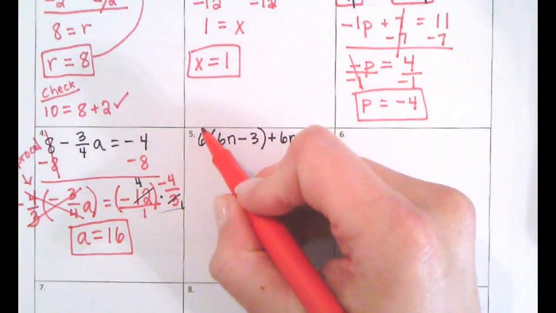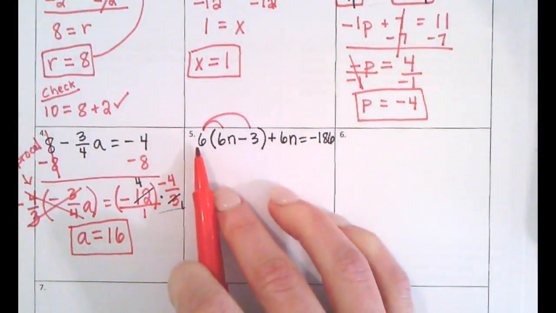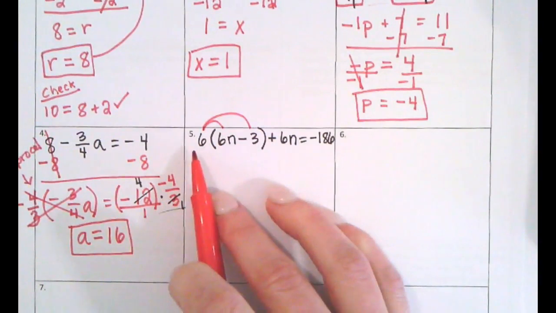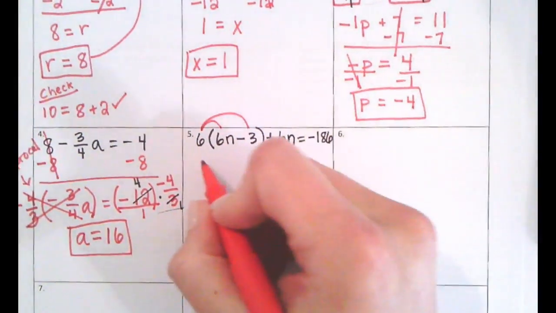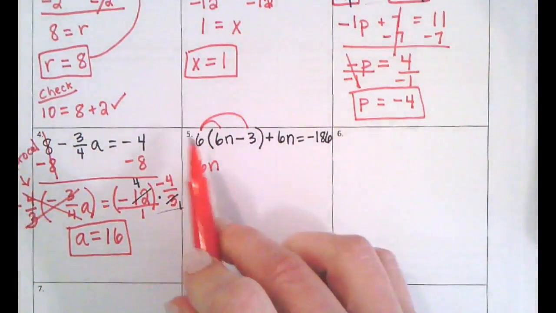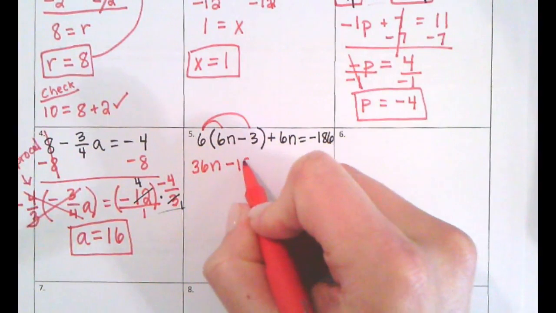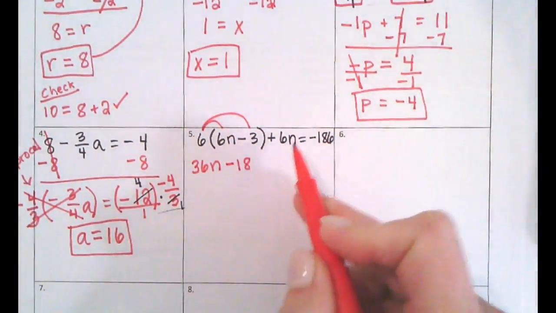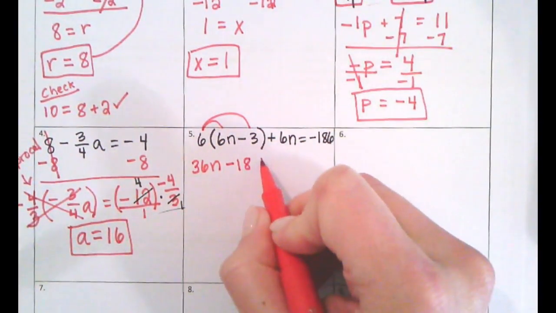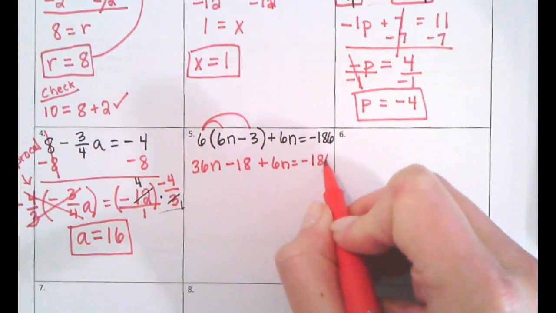We call this distribution. I'm going to distribute the 6 to the 6n, and I have 6 times 6n, which is 36n, and 6 times negative 3, which is negative 18. The rest of the problem I'm going to write down as plus 6n equals negative 186.